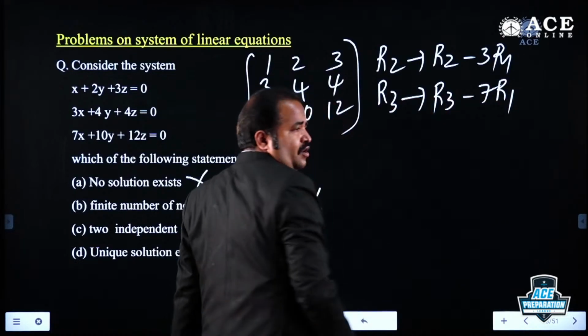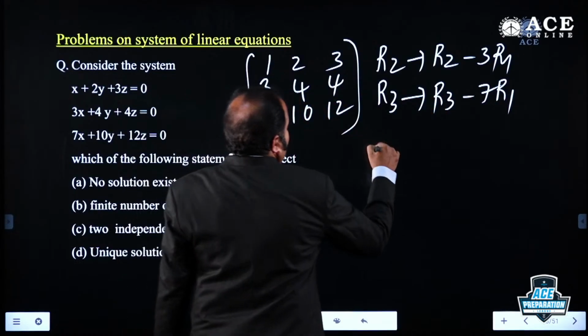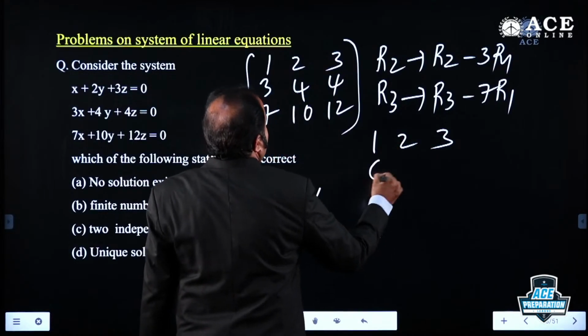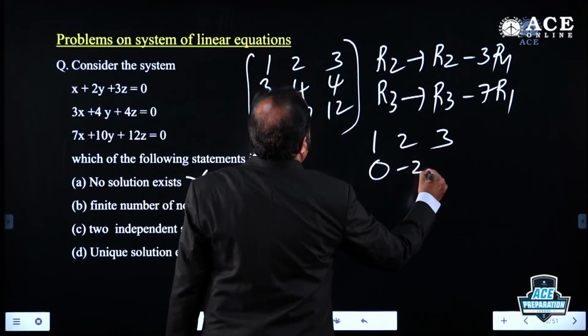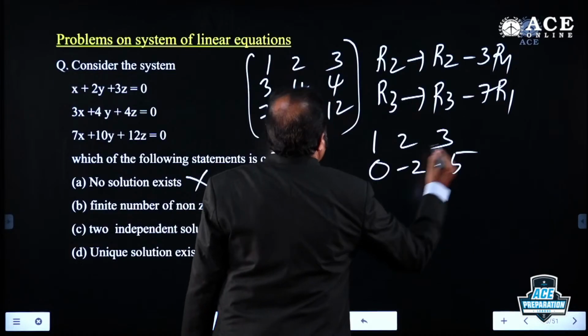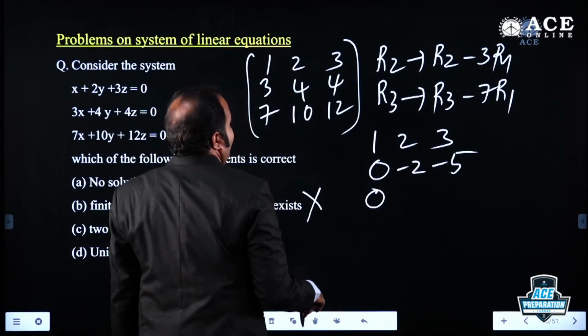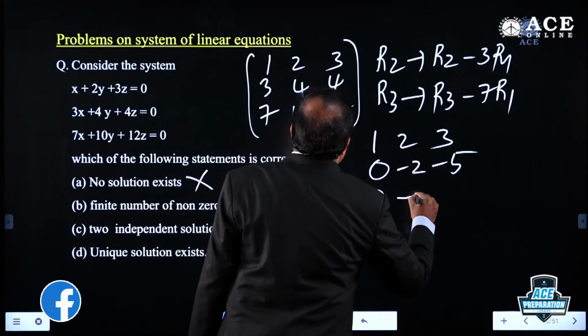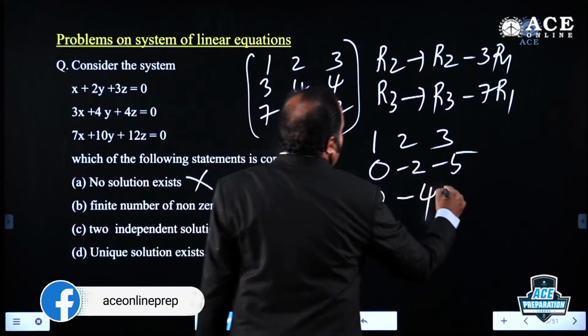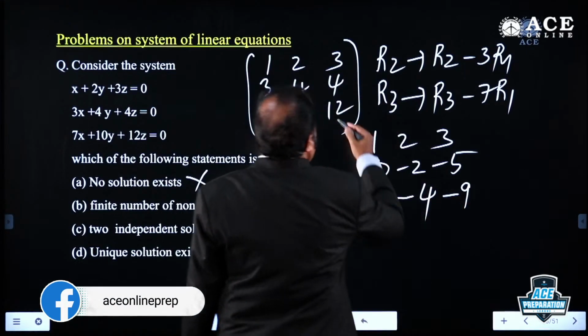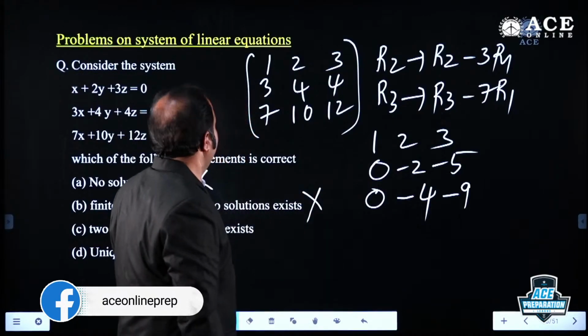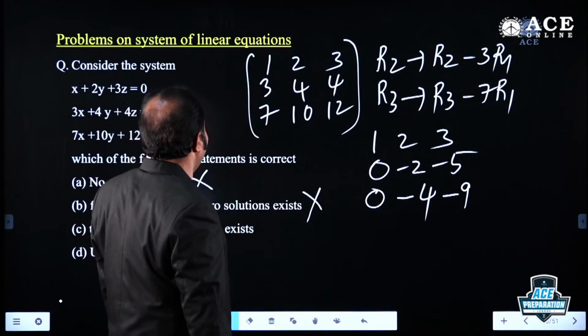Even we can find the determinant also, right? 1, 2, 3; 3 minus 3 is 0, 4 minus 6 is minus 2, 4 minus 9 is minus 5. Next, 7 minus 7 is 0, 10 minus 14 is minus 4, and 12 minus 21 is minus 9. Correct or not?